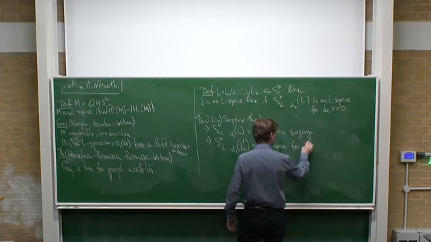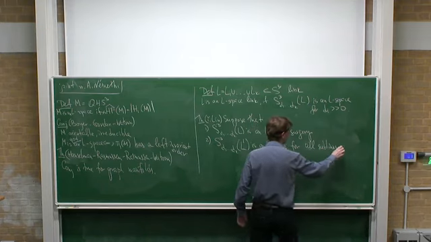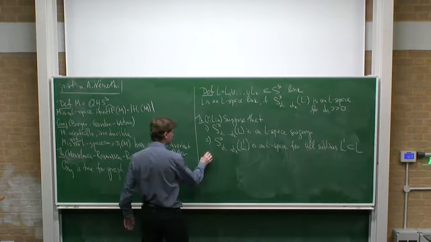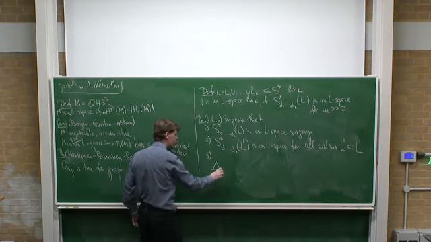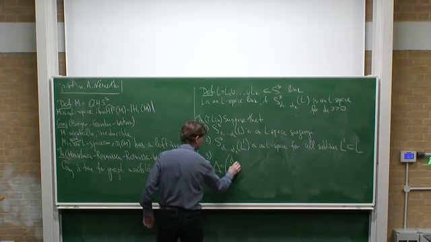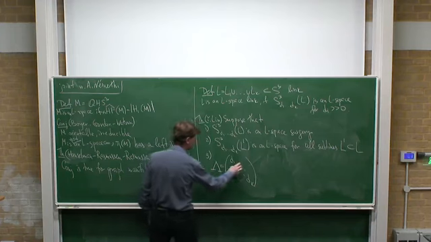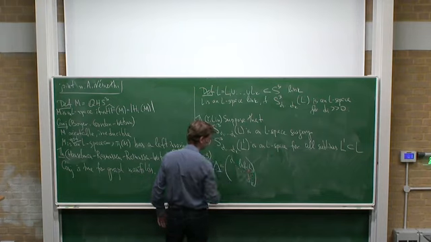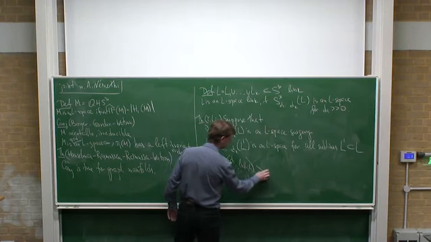And then the third condition is some kind of positivity, so I form the matrix with d1, ..., dt on the diagonal and the linking numbers of components off the diagonal. And I want this matrix to be positive.